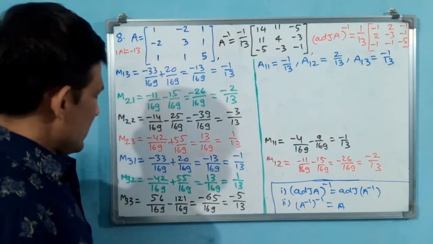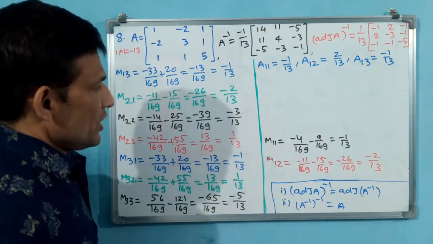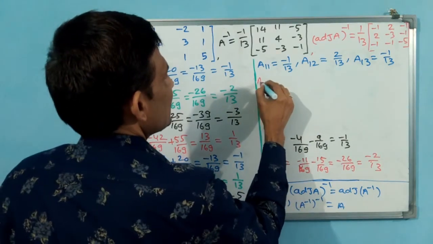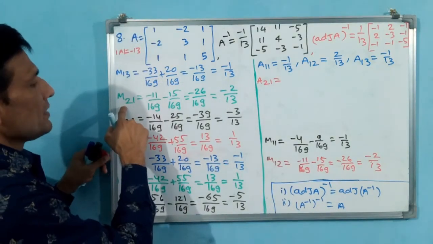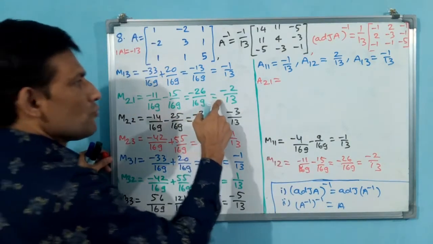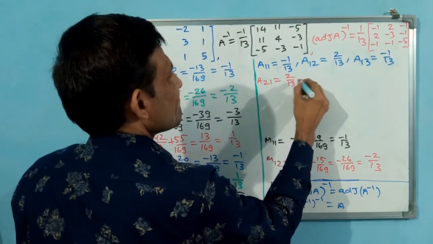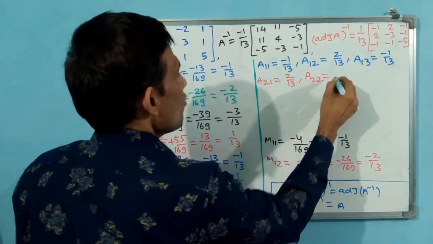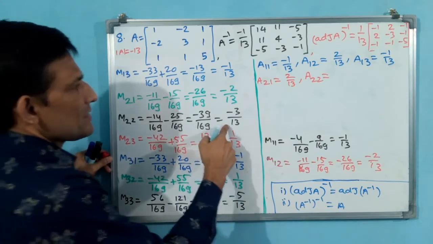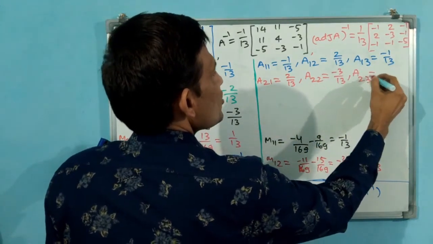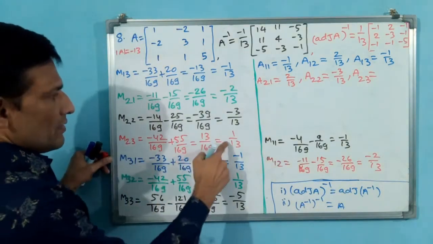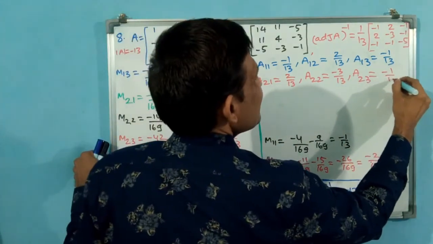Next, what we are writing? A21. A21 means M21, and we are changing, 2 by 13. A22, don't change, same you write, minus 3 by 13. A23 change, minus 1 by 13.